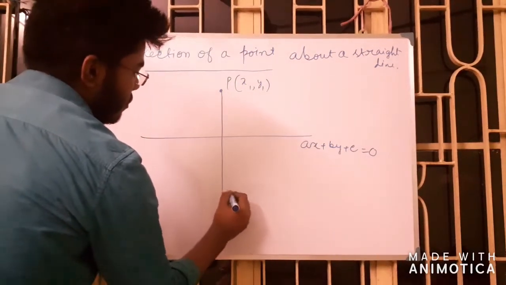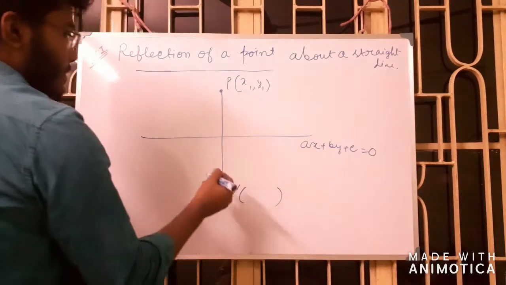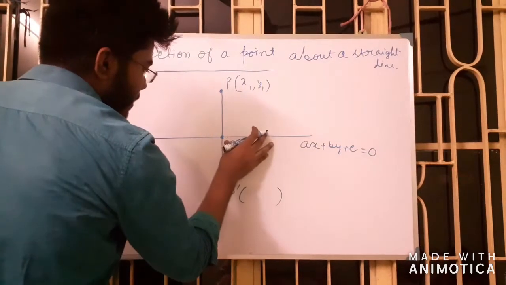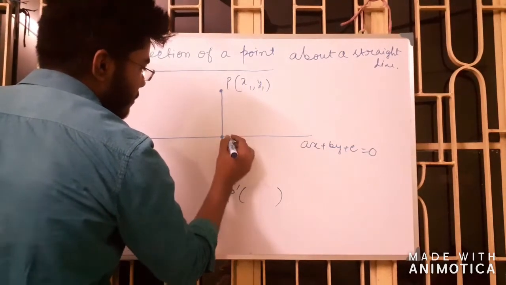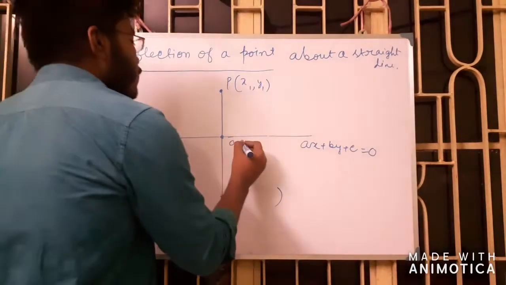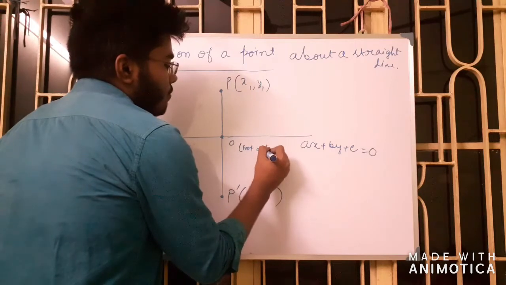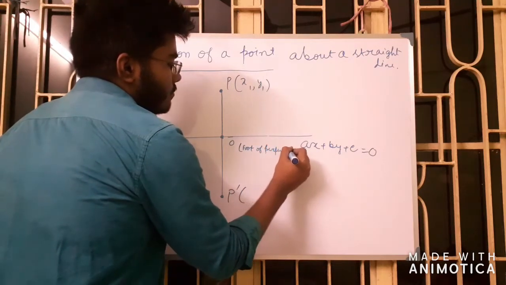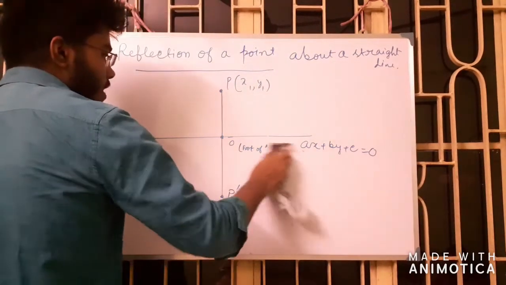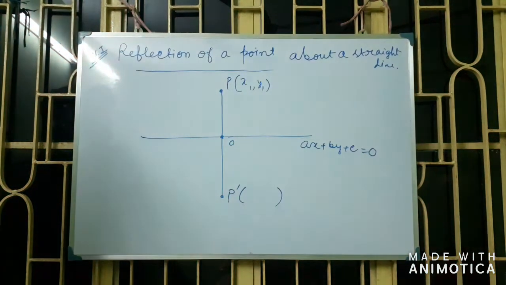So this is the reflected point, and this point O is the foot of the perpendicular. Okay, so now what thing we have learned?